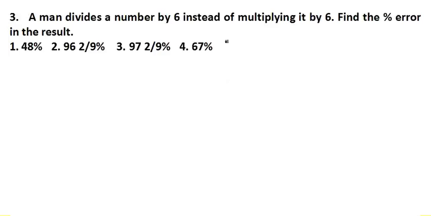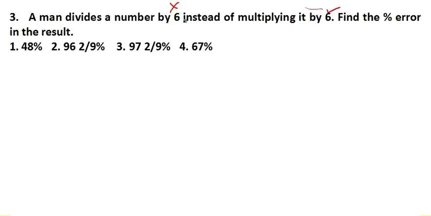Read the question. A man divided a number by 6 instead of multiplying it by 6. Look guys, here it states that a number was supposed to be multiplied by 6, but mistakenly it got divided by 6. This is the right one and this is the wrong one. So just take the LCM of 6 and 6.